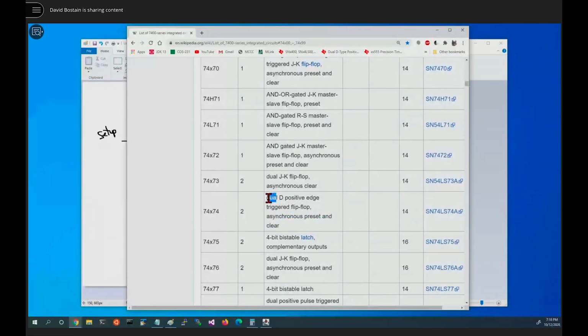We get 2 for our money, and we would be able to hook them up to be basically 2 D latches. D flip-flops that we could use for whatever purpose we needed them for. Remember, Ds are really good if you don't need the toggle capability. If you do need the toggle capability, a JK, and particularly a JK-MS flip-flop, would be the one you'd want to go after. Okay, any questions?